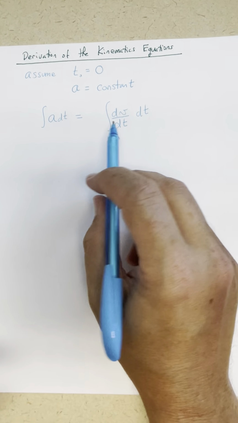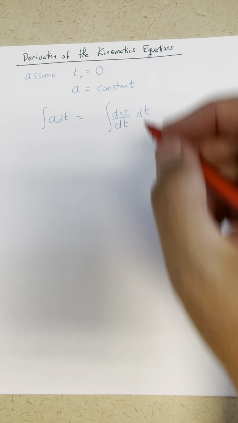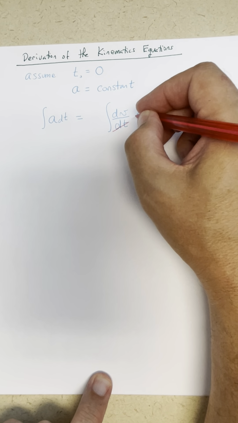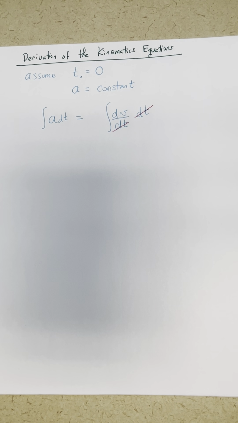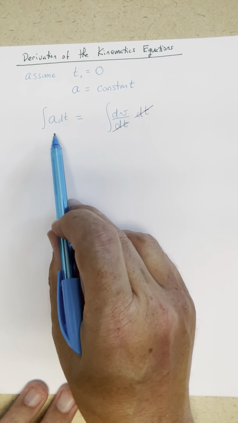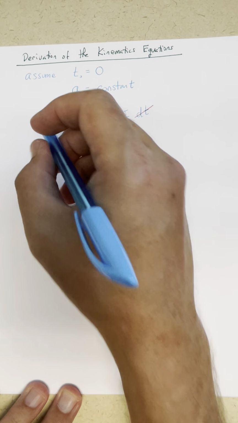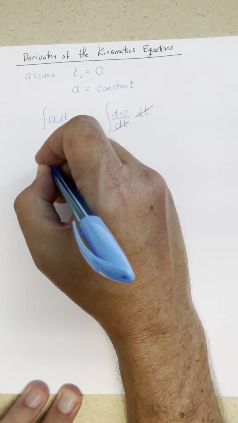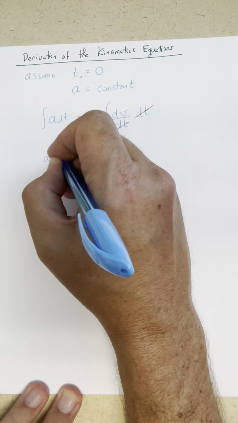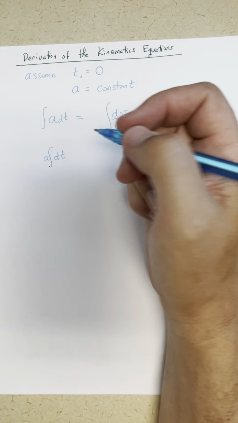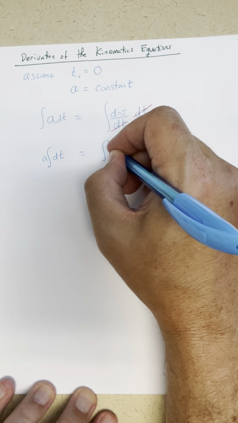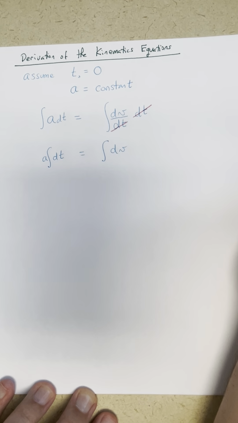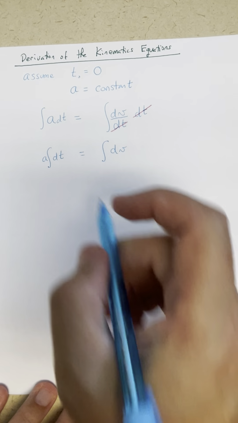This is why physicists love this notation for calculus instead of the primes to denote differentiation. Instead using differentials. So the acceleration is a constant, so I can bring it out. So I just have the integral of dt is equal to the perfect differential for dv.